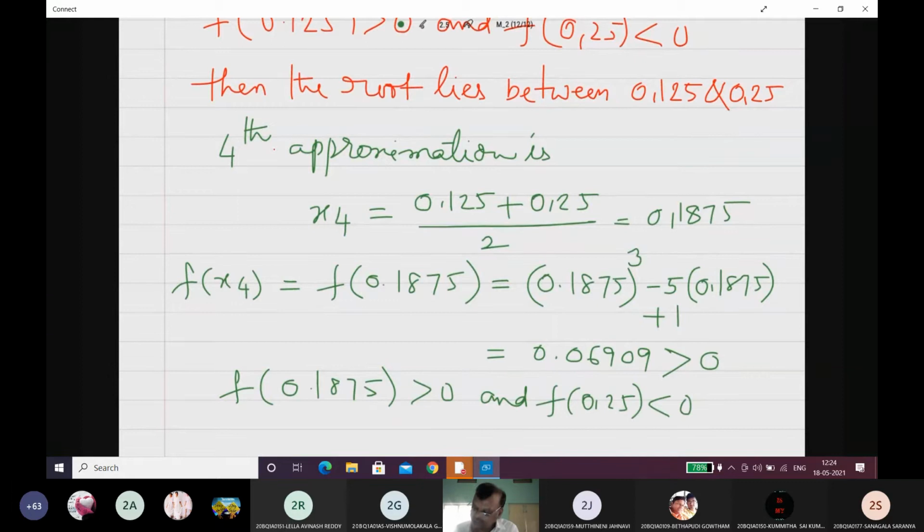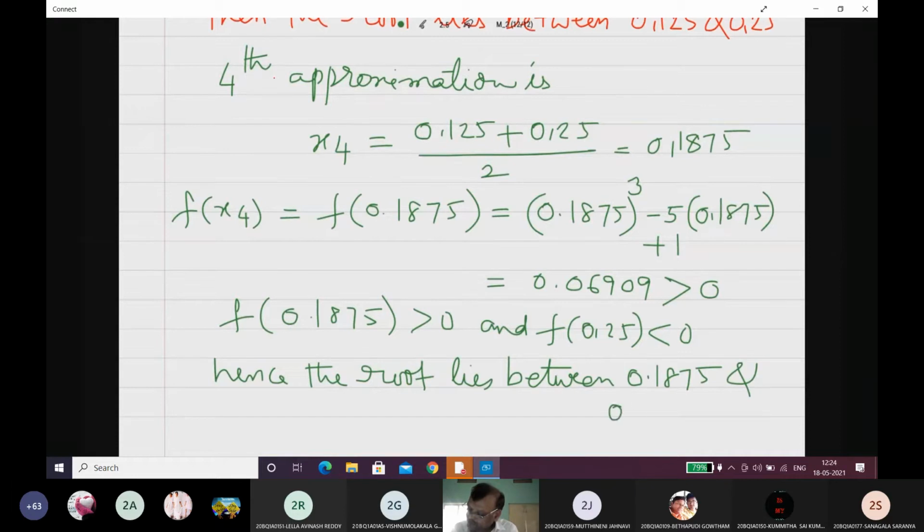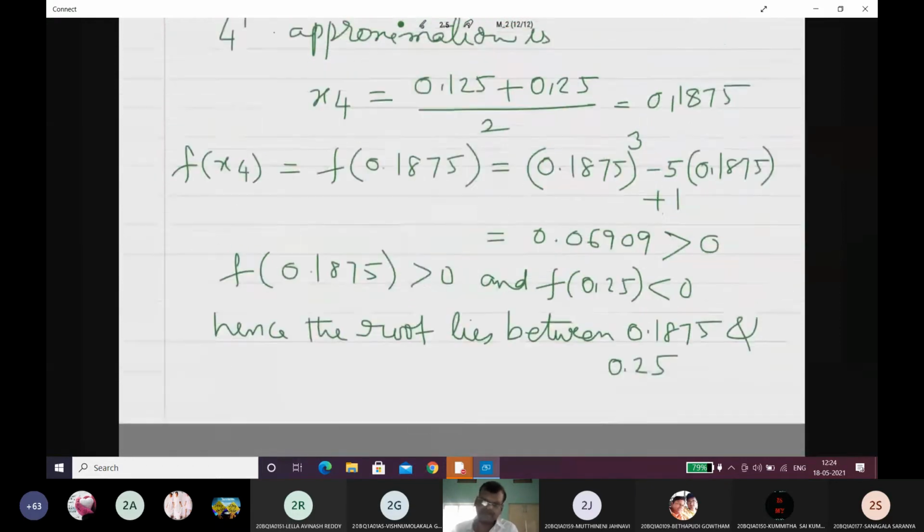Hence the root lies between 0.1875 and 0.25.